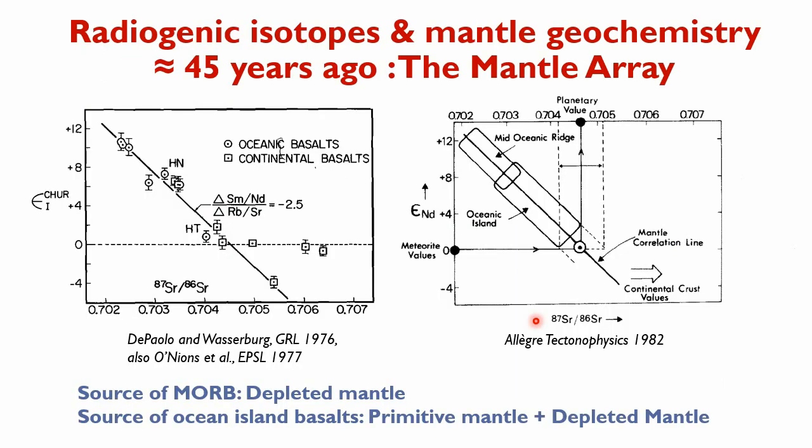Before going into that, I just want to make a reminder for the young people who basically started doing geochemistry a few years ago. Mantle geochemistry, I would say, did start about 45 years ago.